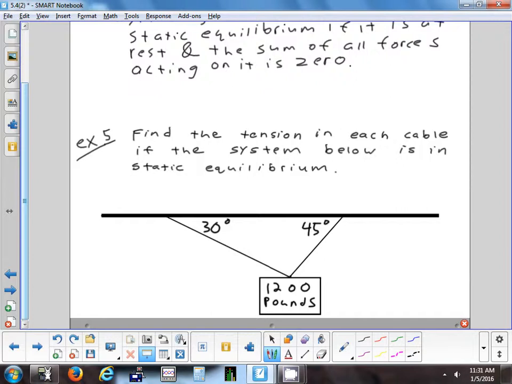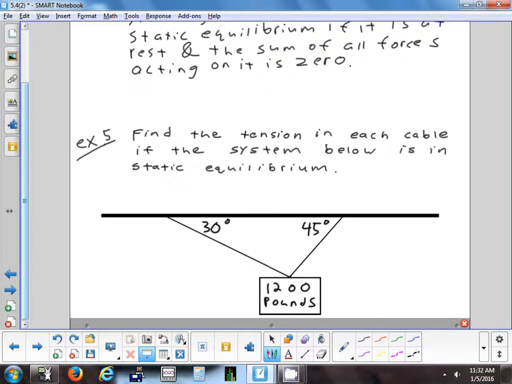All right, so here's our setup. A 1,200-pound object. If the length of each cable was the same, then the tension would be split equally. If both of the cables were vertical, this would be really easy. It'd be 600 pounds of tension in each cable. But because the cables are at an angle, they're slightly pulling against each other. Think, what would happen if I just clipped that cable on the left?